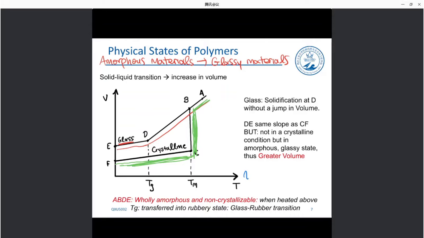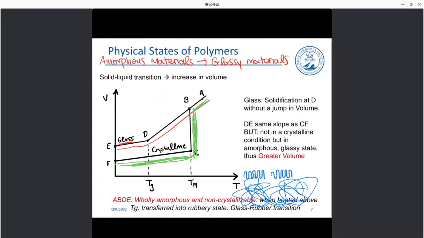For a crystalline material, two chains can look like that, okay? They are very tidy, very ordered and so on. These chains for an amorphous material can be like that. So you can realize they can occupy much larger volume, okay?